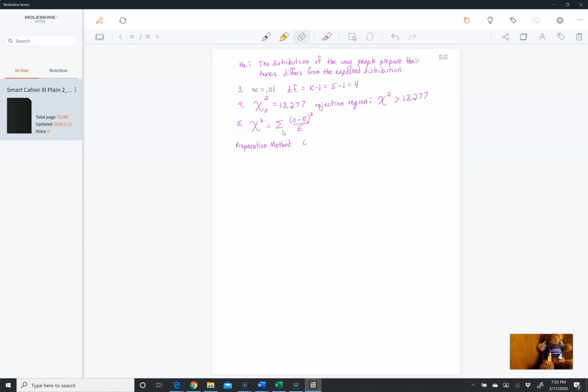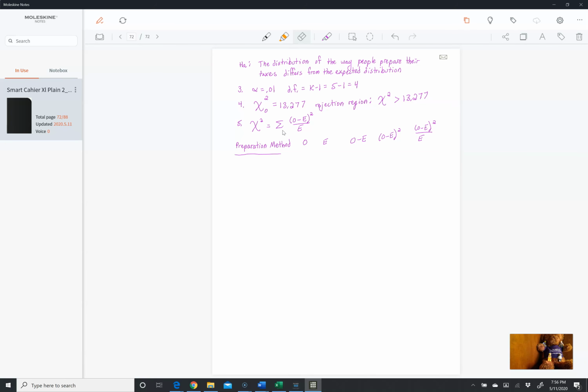We're going to have our O, that's our observed frequency. Our E, that's our expected frequency. Then we're going to subtract them. We're going to square it. And then we're going to do the O minus E squared over E. These are our different columns.